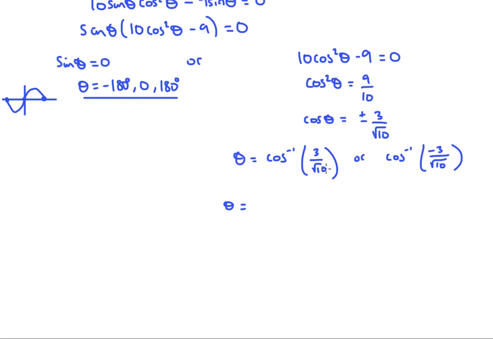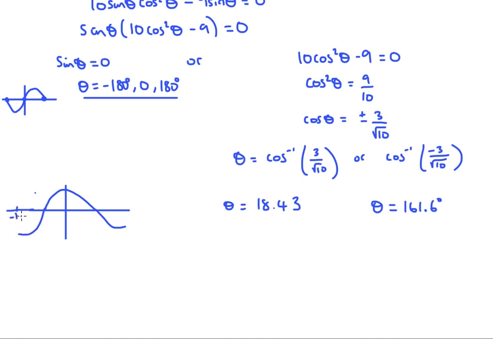Inverse cos of 3 over root 10 is 18.43. And when it's negative, so negative 3 over root 10, we get 161.6. And if we think about the symmetry of the cos graph, this is for cos, remember, between minus 180 and plus 180, it's dead easy because it's symmetrical about the y-axis.